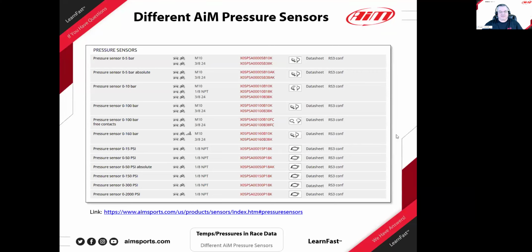They're just PDF documents that open up for you, and you can print them out or take a look at them, or even save them onto your own computer and have them available for you if it's a sensor that you use. So there's your different AiM pressure and temperature sensors. Kind of an interesting list, a very quick way of getting in there and figuring out what you want.